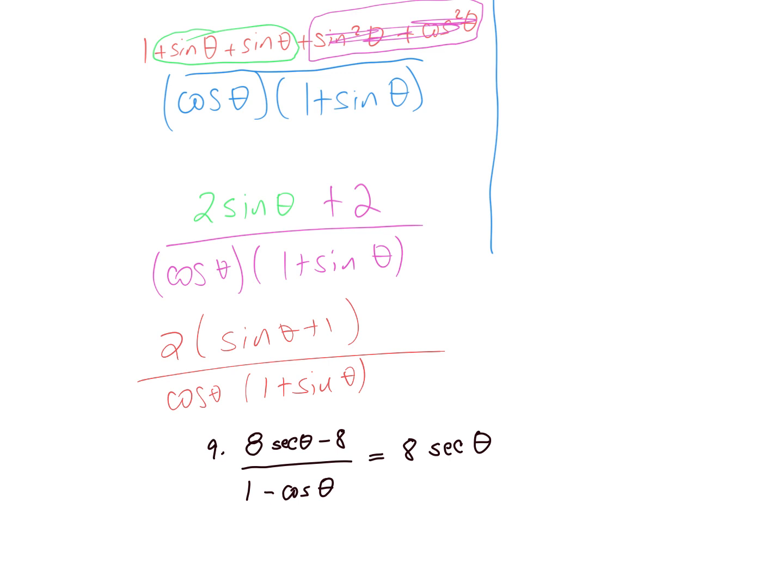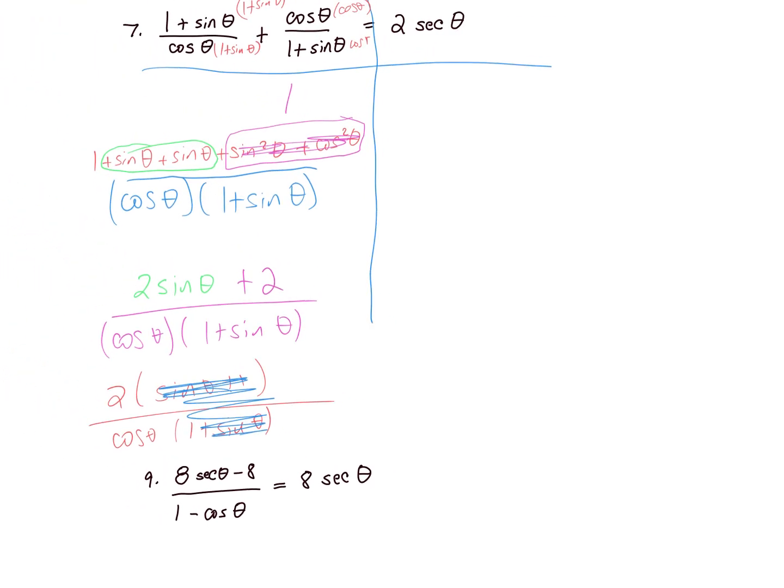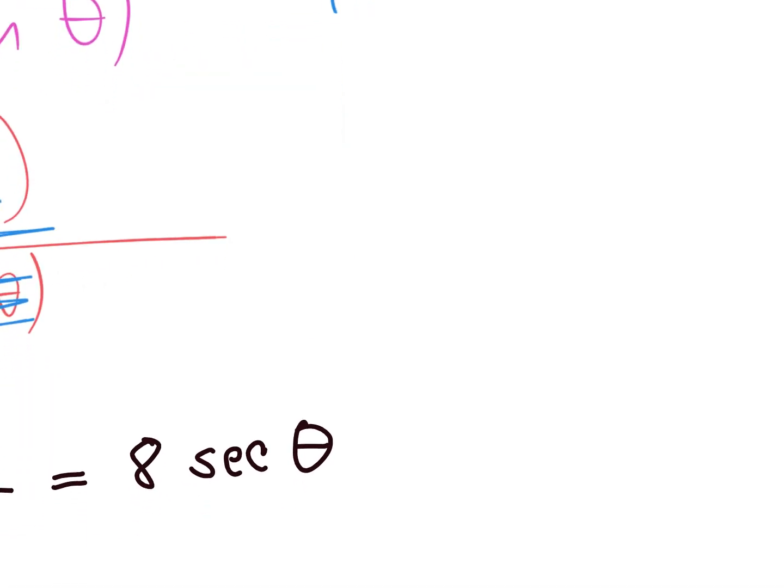Is 1 plus sine theta the same as sine theta plus 1? Yes. Sure is. And then what's another way that I could write 2 over cosine theta? What's 1 over cosine the same as? Secant. So this is 2 secant theta equals 2 secant theta.